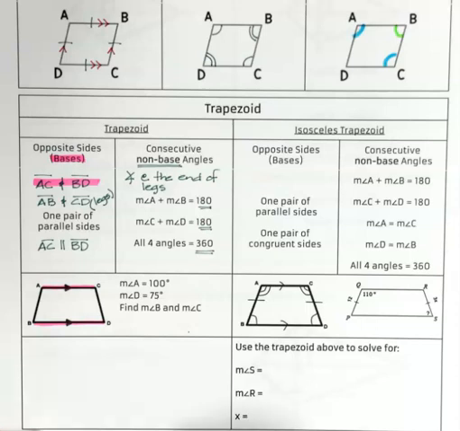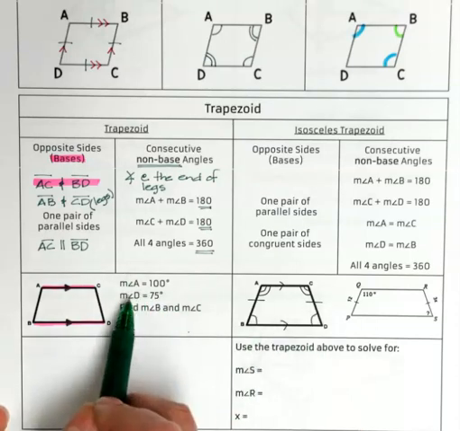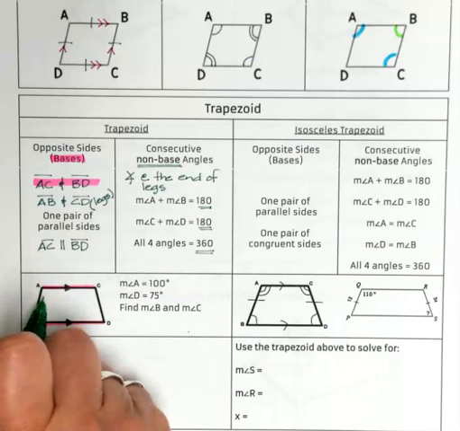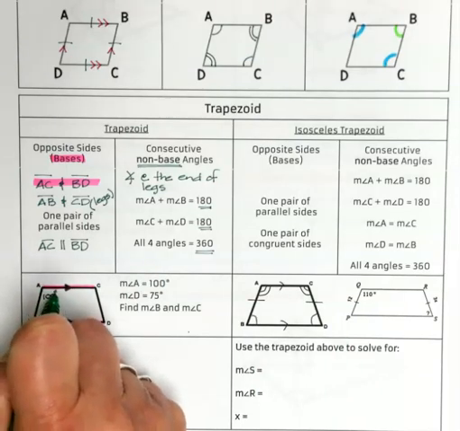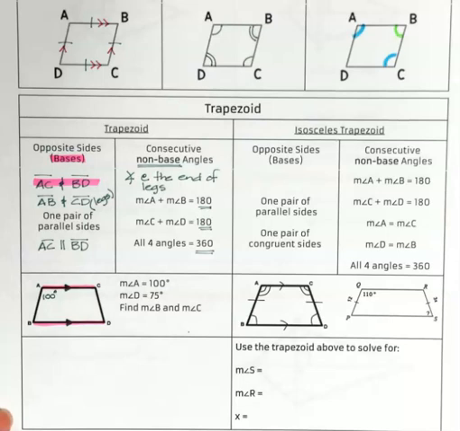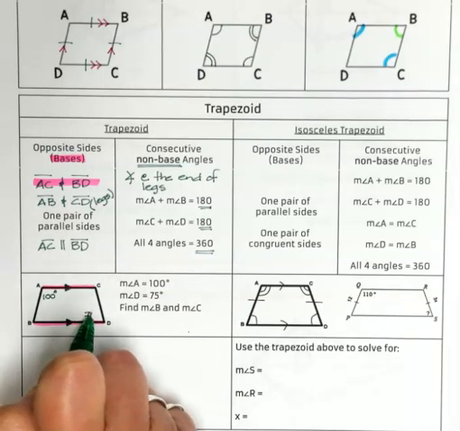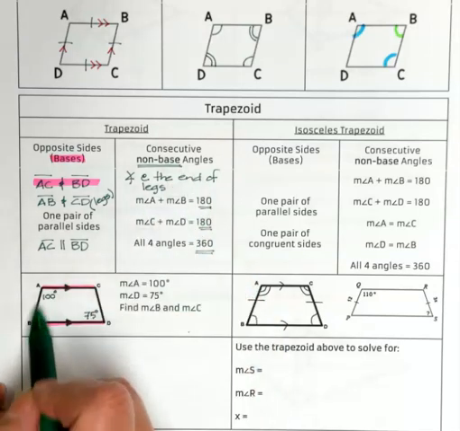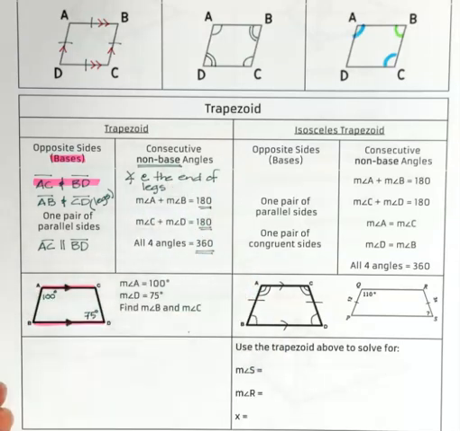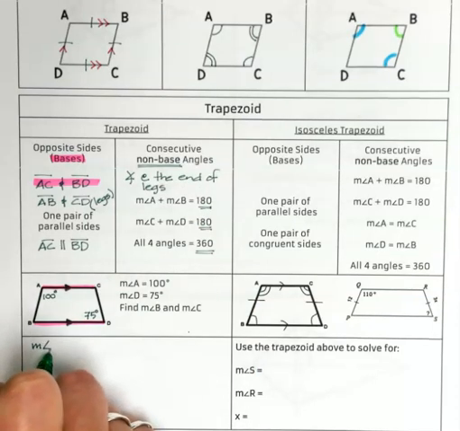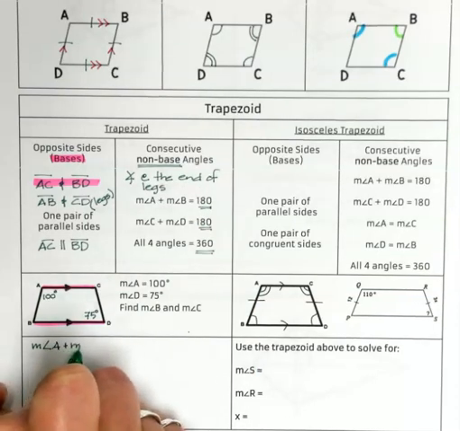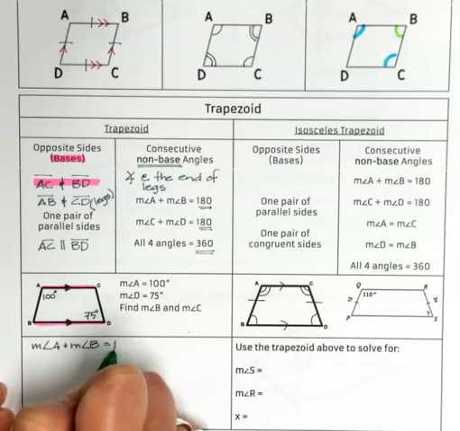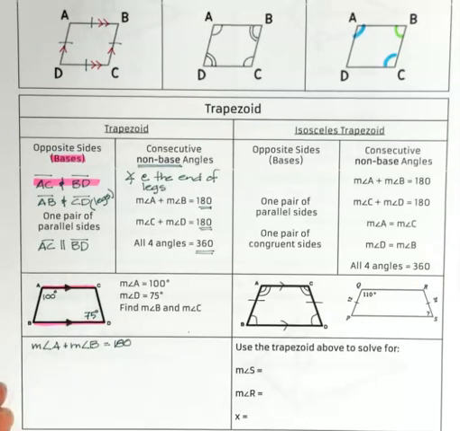Okay? So let's work this example here. We're told that the measure of angle A is 100 degrees, and the measure of angle D is 75 degrees. And we want to find the measure of angle B and the measure of angle C. Well, because A and B are consecutive non-base angles, the measure of angle A plus the measure of angle B equals 180.